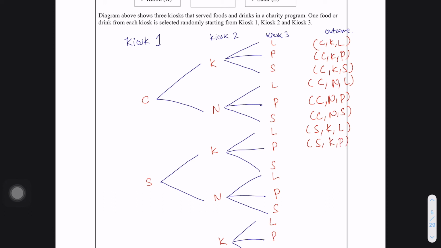SKP, or SKS, or SNL, SNP, SNS. Can you see SNS?